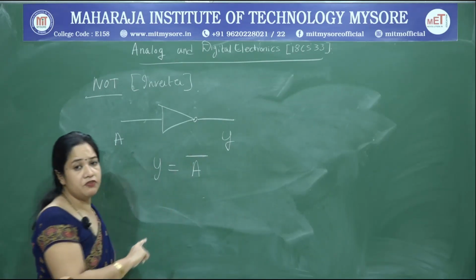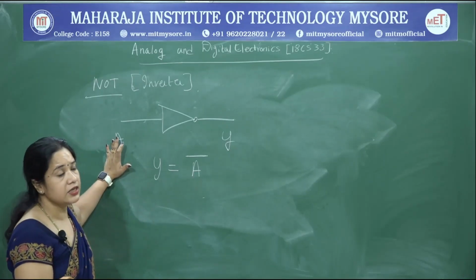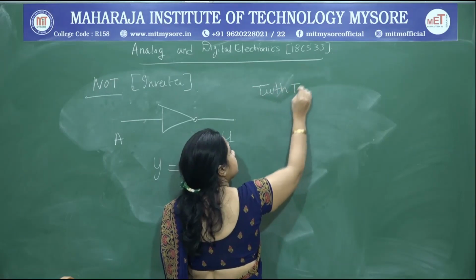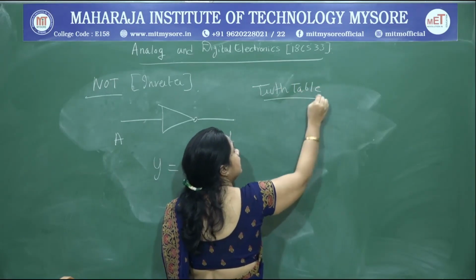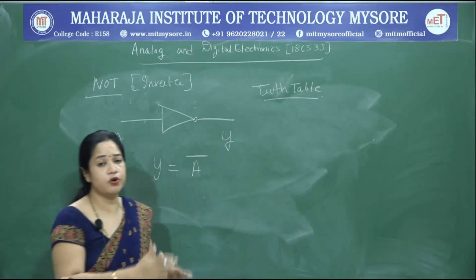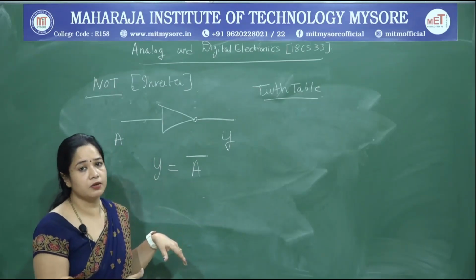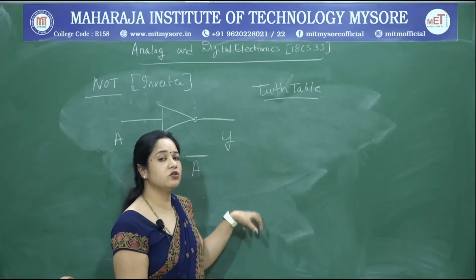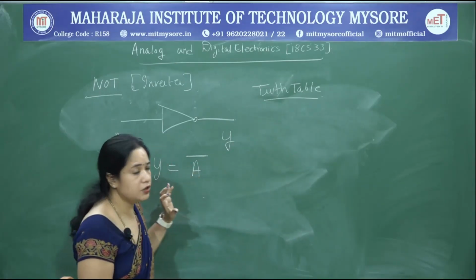Now we will write the truth table. What is a truth table? A truth table is a table which gives the output for all possible values of the input.